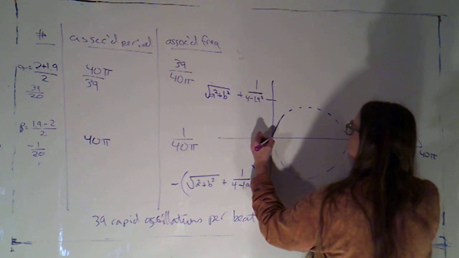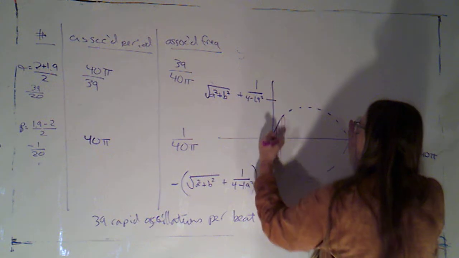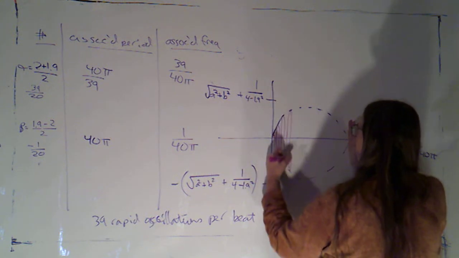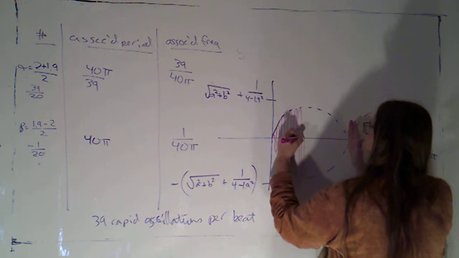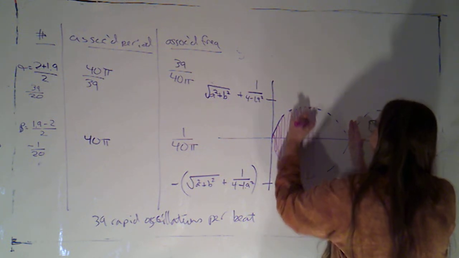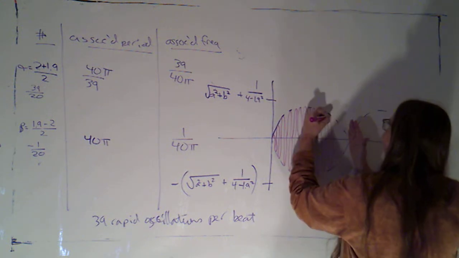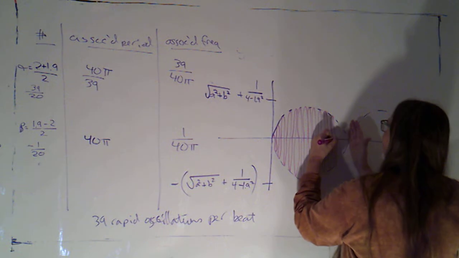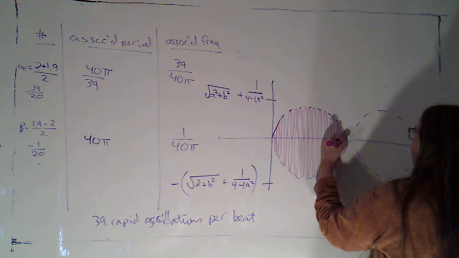Okay, so there's 1, 2, 3, 4, 5, 6, 7, 8, 9, 10, 11, 12, 13, 14, 15, 16, 17.